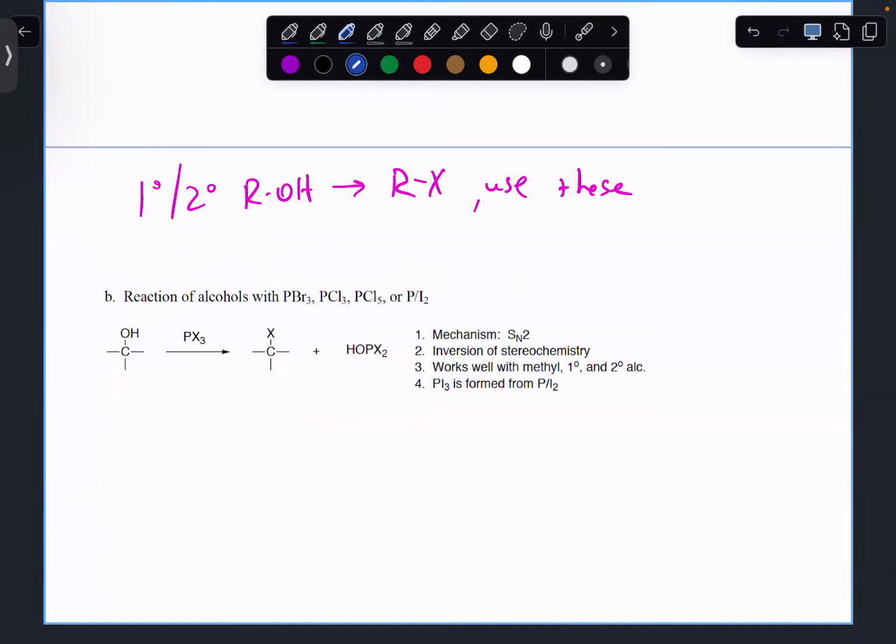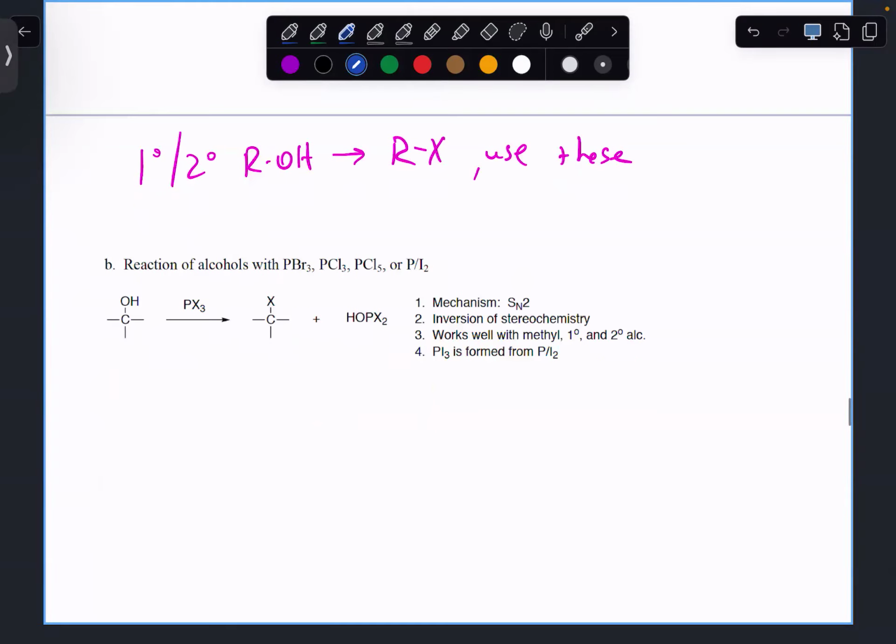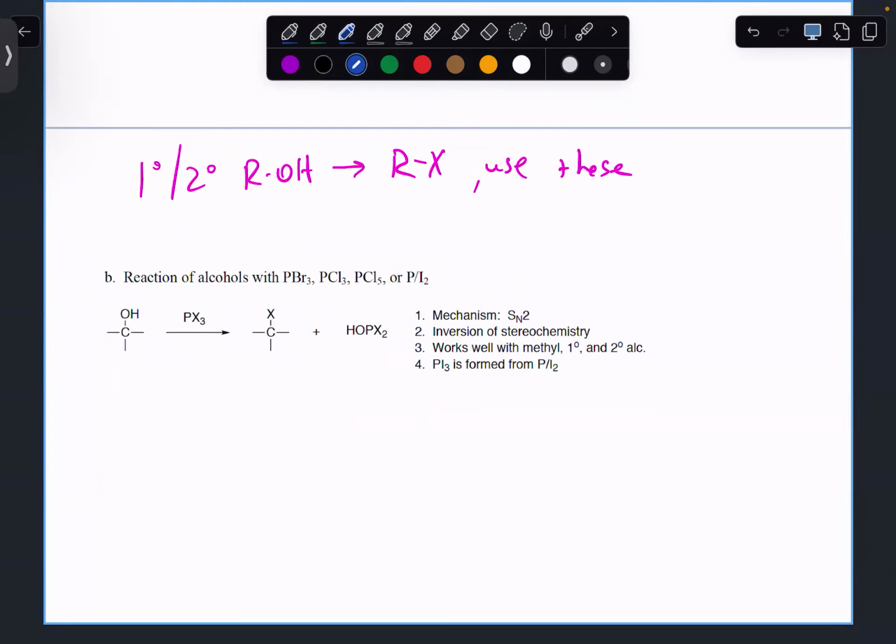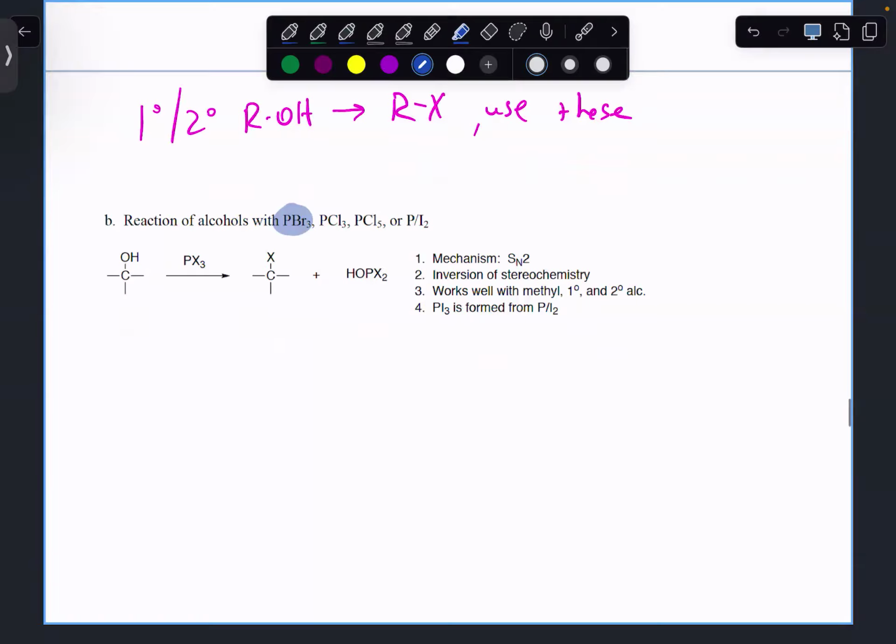If you want to make an alkyl halide, a bromide specifically, from primary and secondary alcohols, use PBr3, phosphorus tribromide. The way this reaction works, I'll just show you a little baby mechanism.